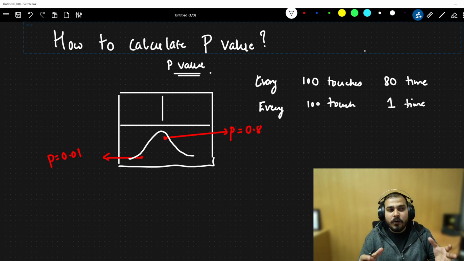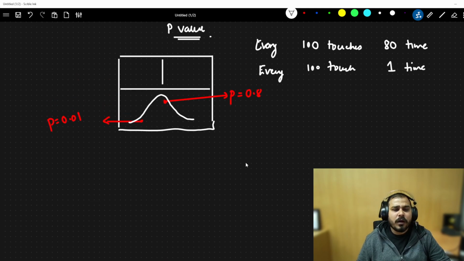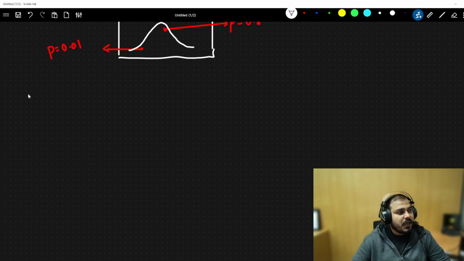Now let's solve a specific problem, and this problem is called a z test. Suppose I have a specific problem which I want to perform with the help of hypothesis testing. Let's consider a problem statement.